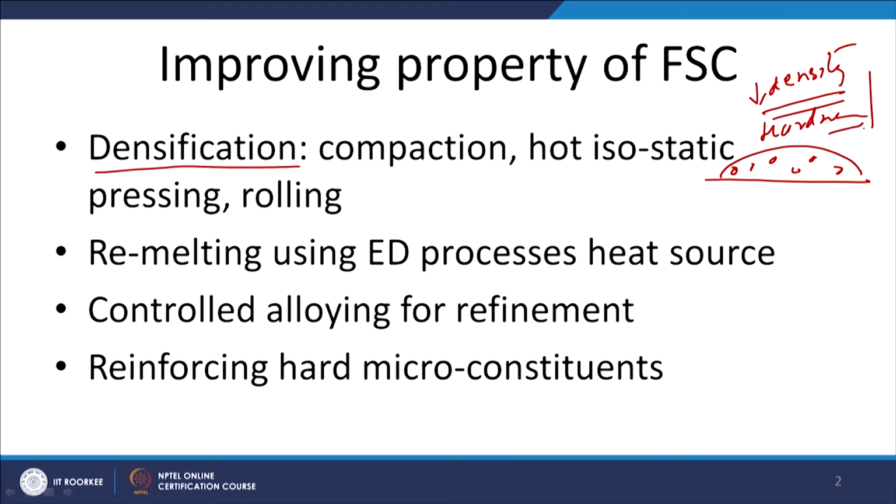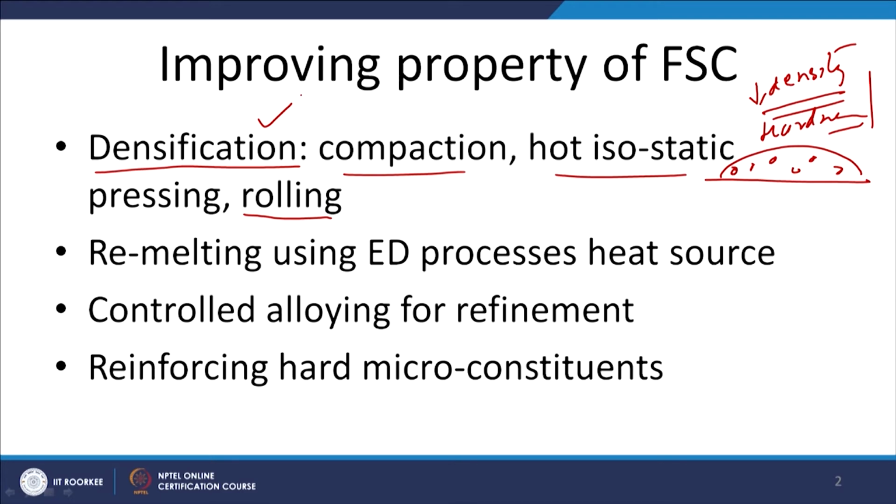For eliminating these pores, some of the processes normally used are compaction, hot isostatic pressing and rolling. When the flame spray coating is subjected to these processes, the density of the coating increases by elimination of these pores, and thereby it improves the mechanical properties and the wear resistance.